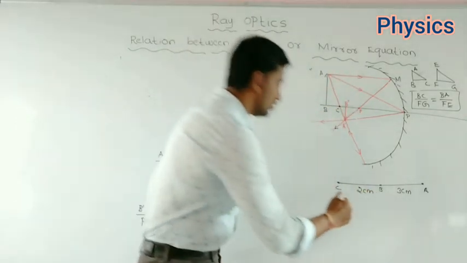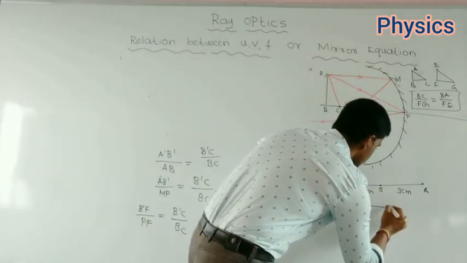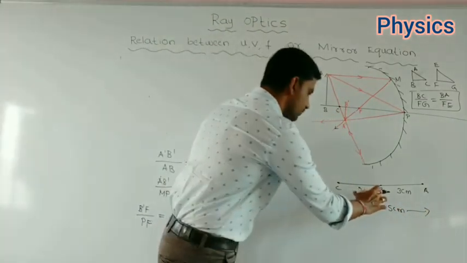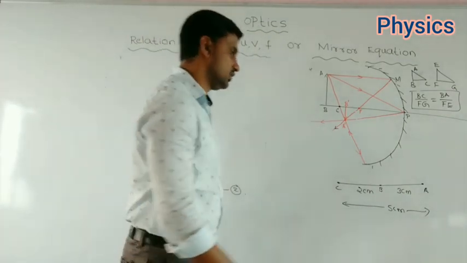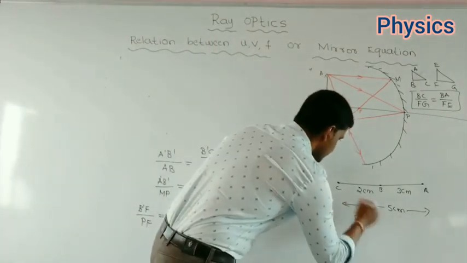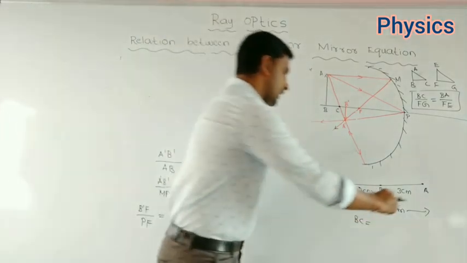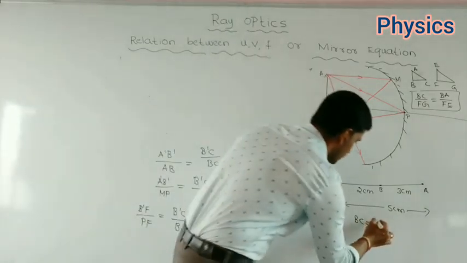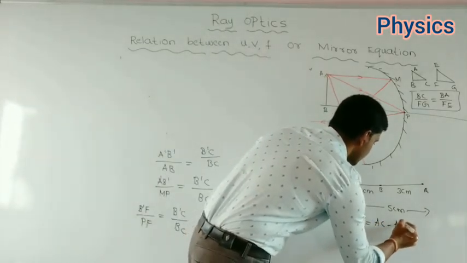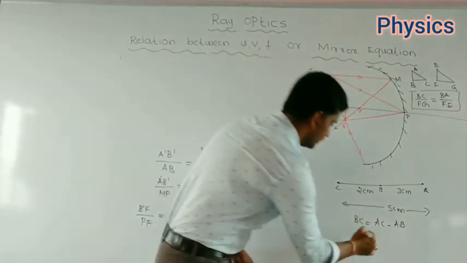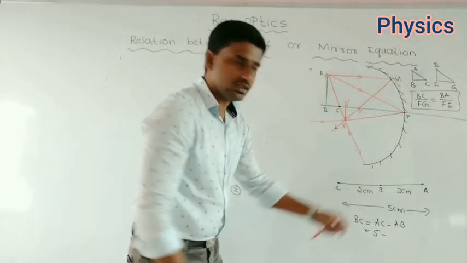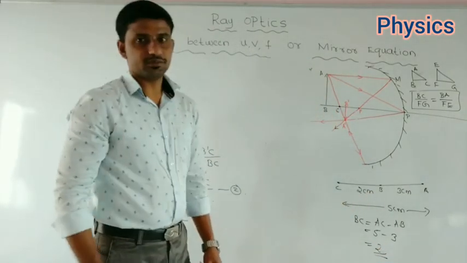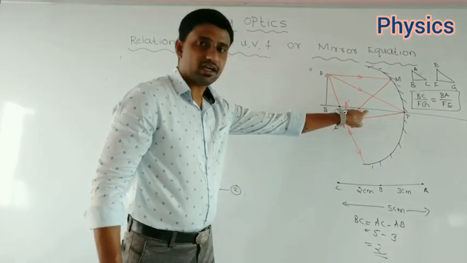Then the total length of the line is 5 centimeter. If I want the distance BC, I can write AC minus AB, that is 5 minus 3, which gives 2 centimeter, that is BC. Similarly, I can write here also.